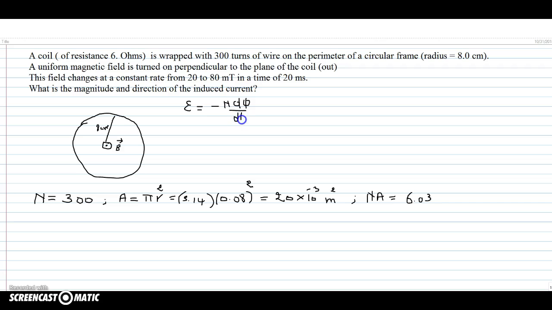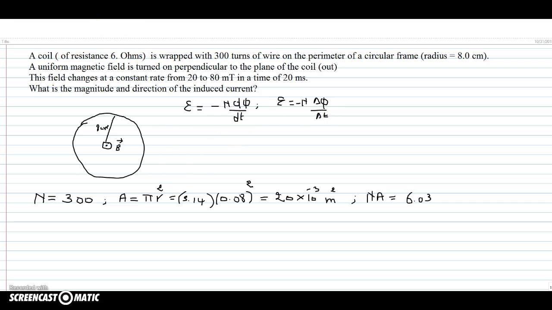This equation is true if we have a function of A, B, or the angle. If we are working in a laboratory doing measurements, then the law is just the EMF is minus N delta phi over delta t, finite quantities.